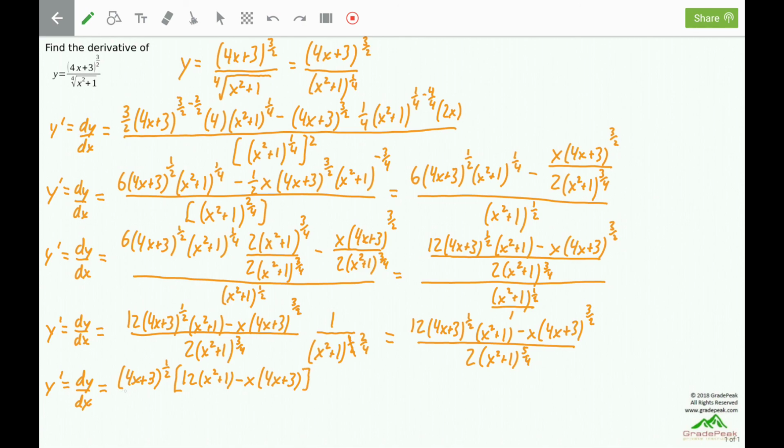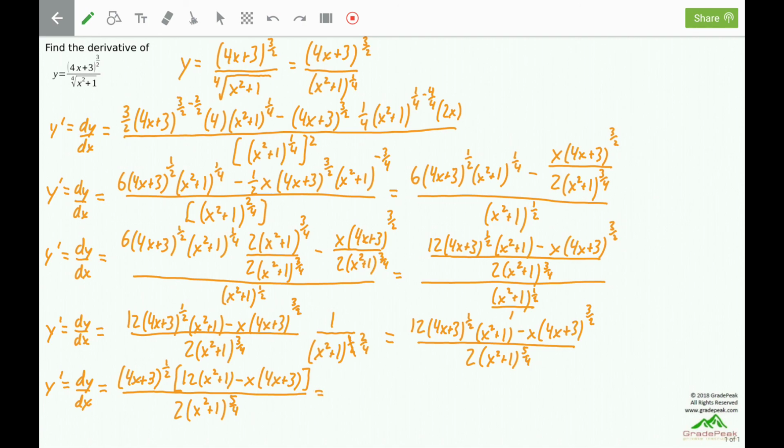And all of this is over that denominator of 2 times x squared plus 1 to the 5/4 power. The last thing to do is to simplify in the square brackets.